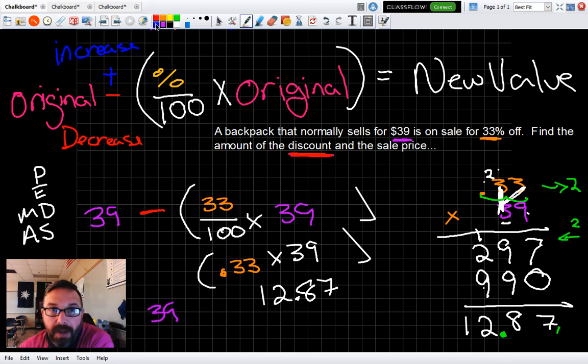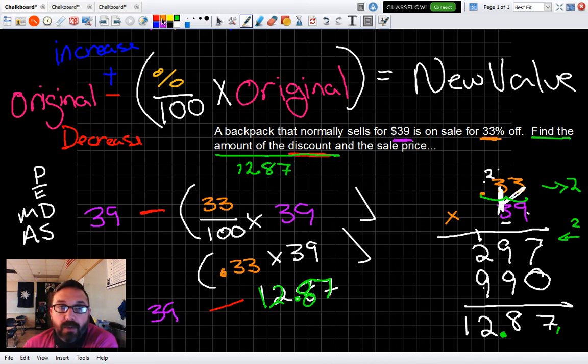Now remember, the first part of the question asked us, find the amount of the discount. That is the amount of the discount. And as a matter of fact, I'm just going to outline it. 12.87. So the amount of the discount, $12.87. Now it wants the new sales price.